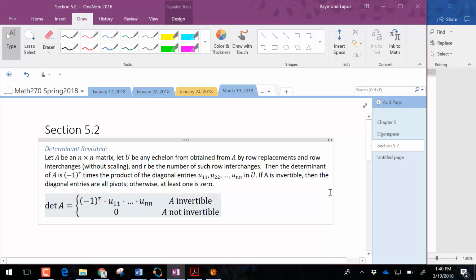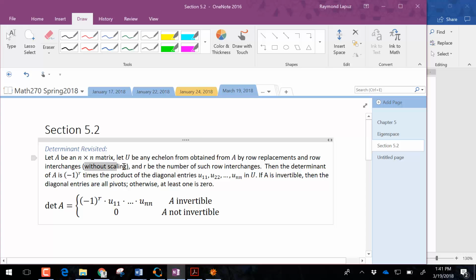So here the determinant. We're going to talk about our matrix A and then reduce it to an upper triangular matrix, which is in row echelon form, using row replacements and row interchanges.